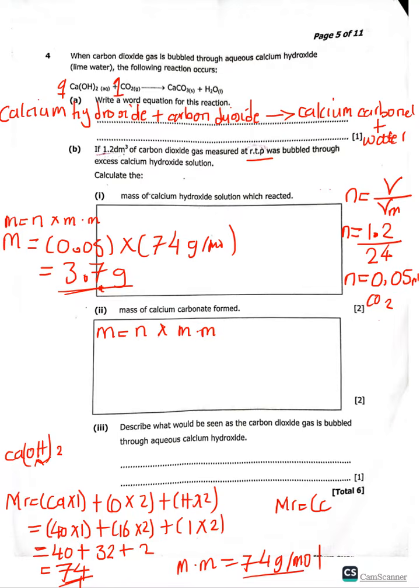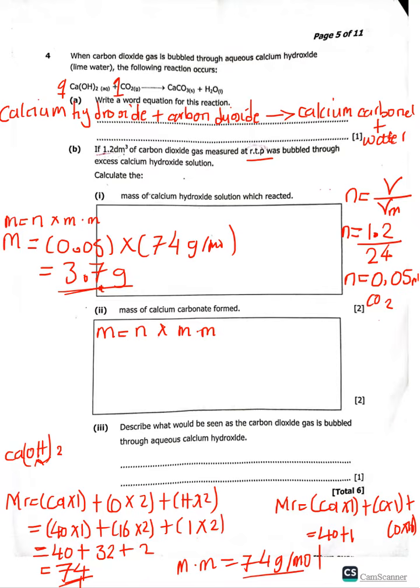From calcium carbonate, you can see that there is 1 atom of calcium, plus 1 atom of carbon, plus 3 atoms of oxygen. So the mass number for calcium is 40 times 1, 40, plus carbon is 12.